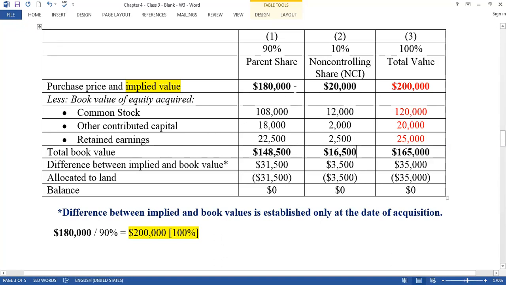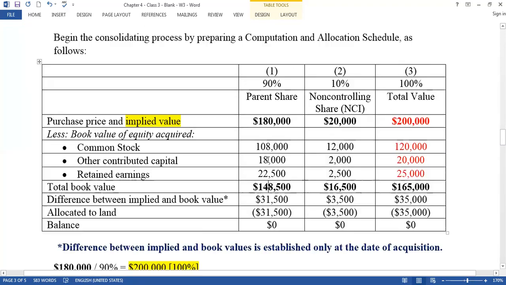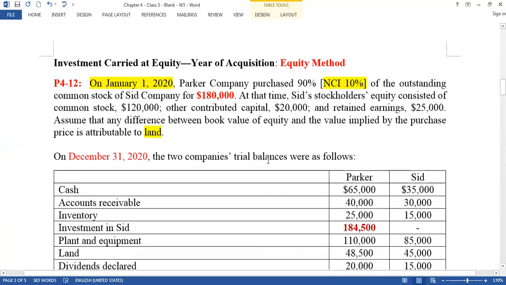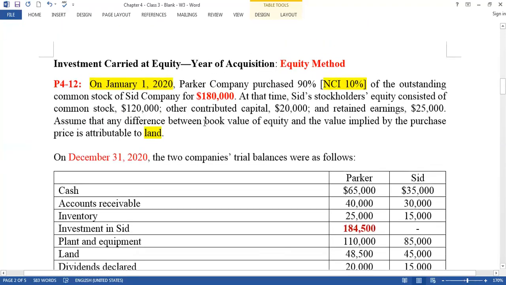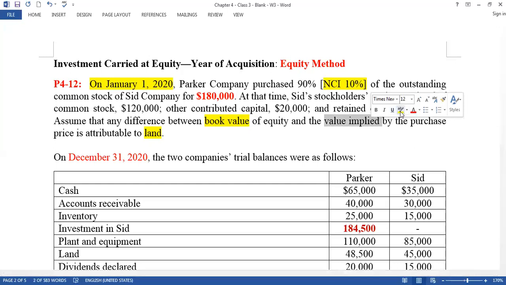Now we find our implied value and we find our book value. Remember the question said that if there is any difference between book value and implied value, we are going to allocate it to the land account.